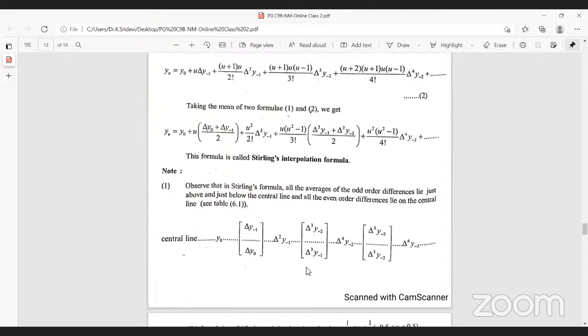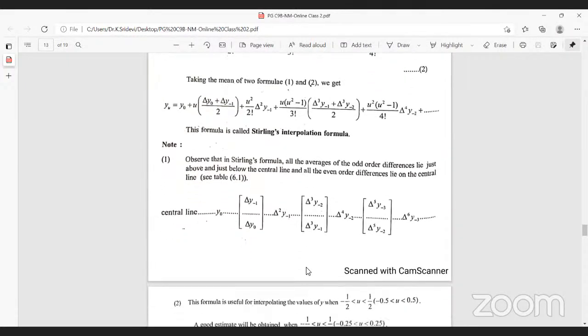So if you observe the general table, these entries are on the central line. The average of all odd differences are above the central line and below the central line.